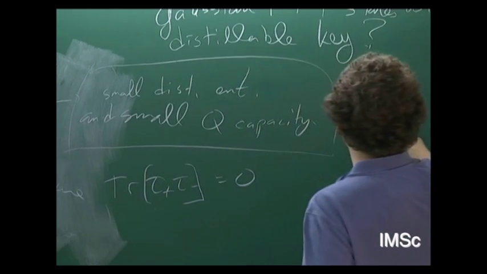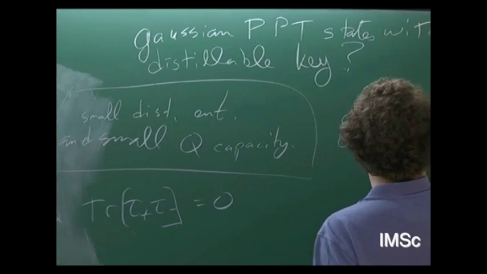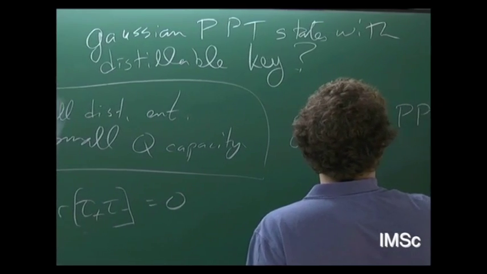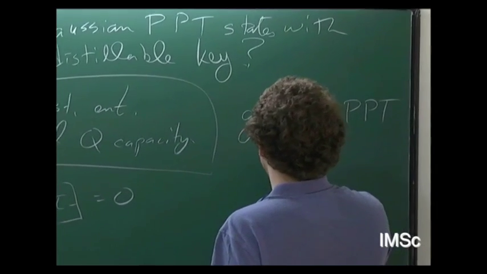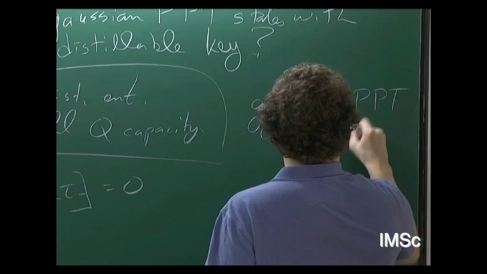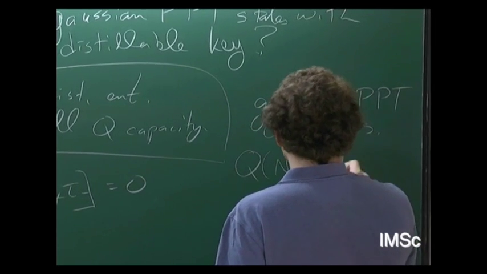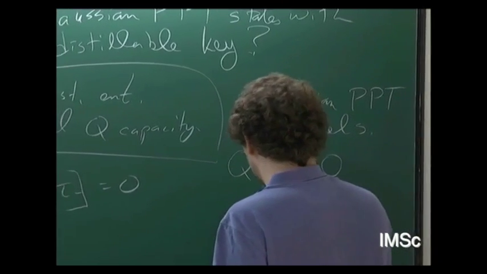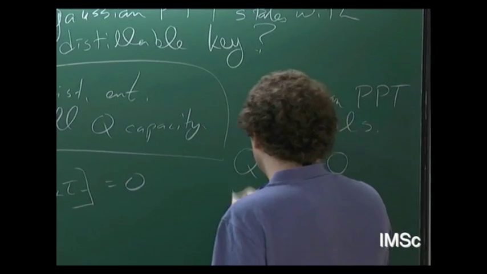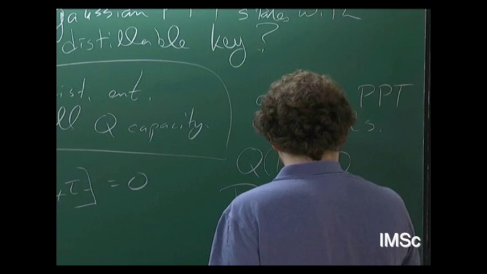Or put another way, are there Gaussian PPT channels with quantum capacity equal to 0, but private capacity that's positive?